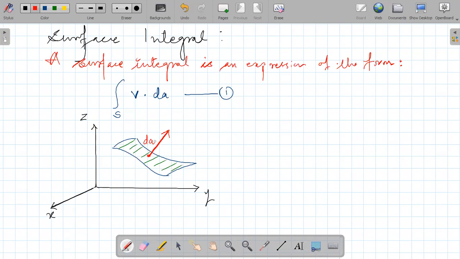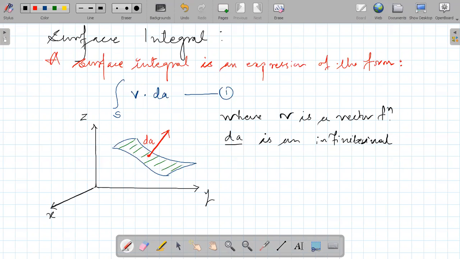What is V? V is a vector function. And dA is an infinitesimal patch of area.